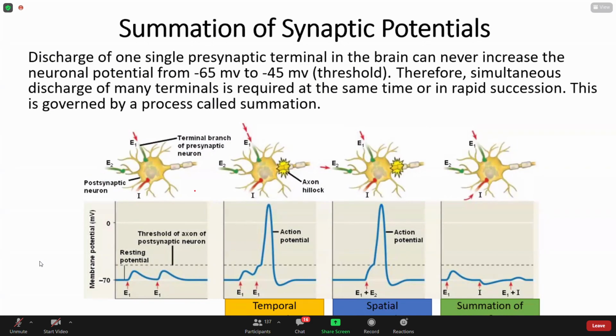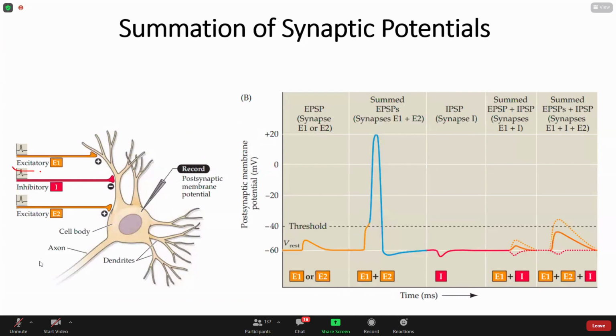So let's take this as an example. We have an excitatory presynaptic neuron, an inhibitory presynaptic neuron, and another excitatory presynaptic terminal.